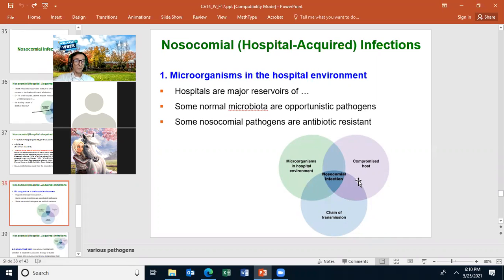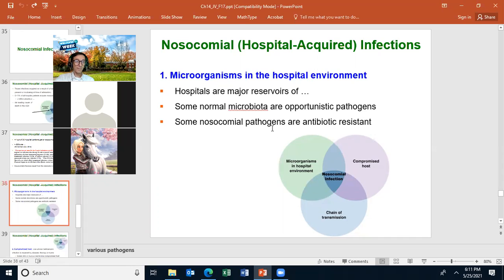Some normal microbiota can be nosocomial infective agents as an opportunistic pathogen. And then some nosocomial pathogens are antibiotic resistant, and that makes them a very serious disease for a hospital patient to get.